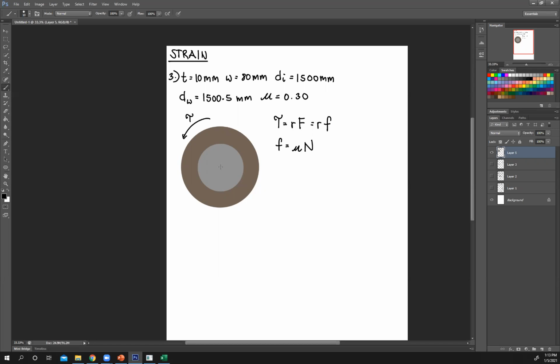So therefore, your friction will be somewhere here. If your tire is rotating that way, friction will be this way. That's your frictional force. Let's choose a different color.